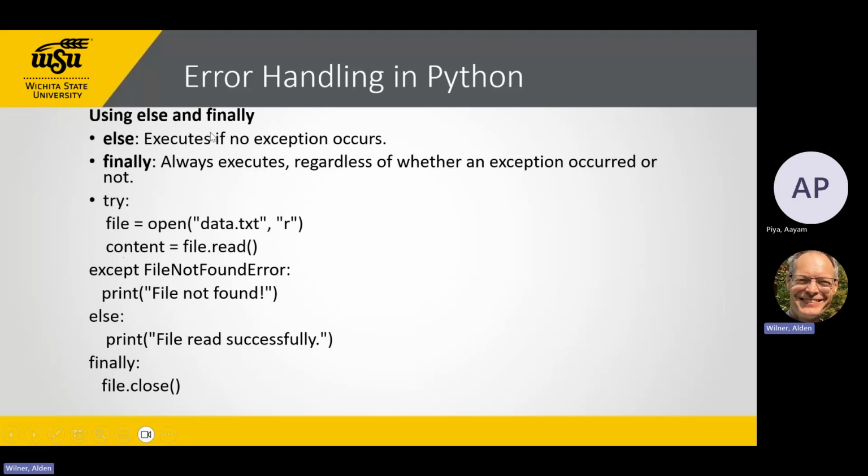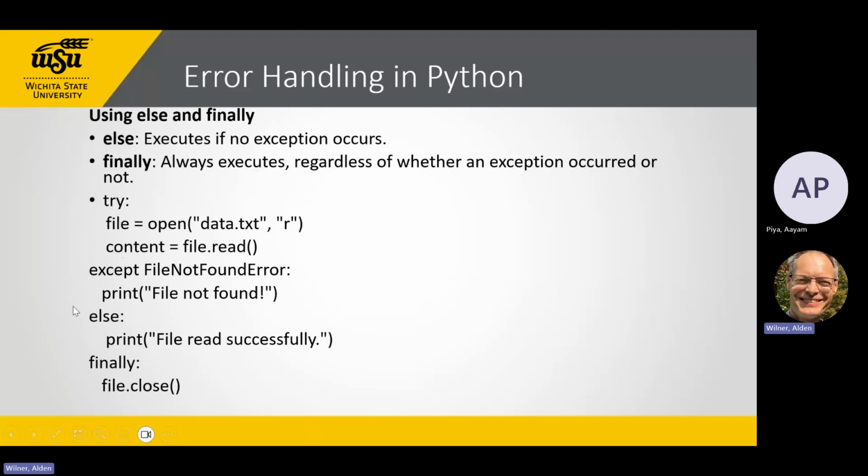And finally always executes regardless of whether an exception occurred or not. So we try to open the file. If we fail to open the file, we print an error, file not found, but we still continue and close it, right? Maybe the file is null and we try to do a read, we don't get any data, right? So those are try, except, else, finally.